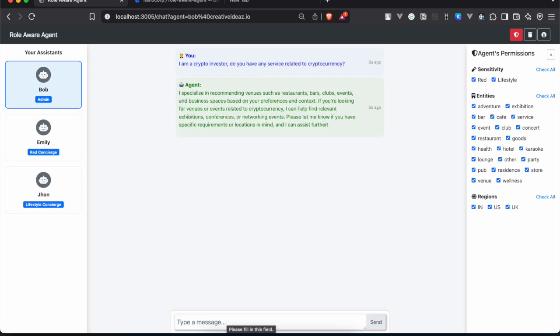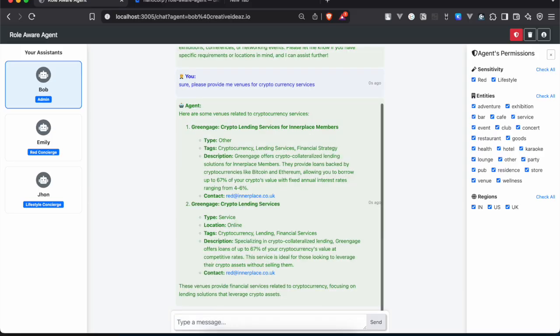Please provide me venues for cryptocurrency services. As you can see, we have got these two cryptocurrency services, and it is able to provide them.